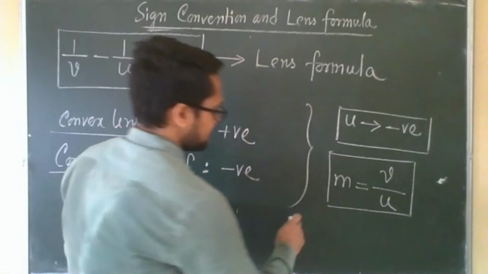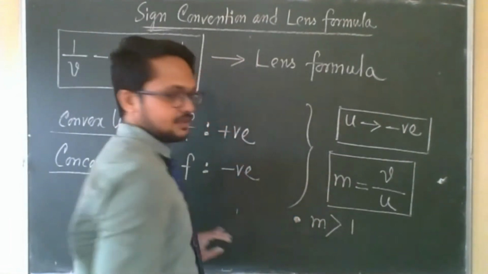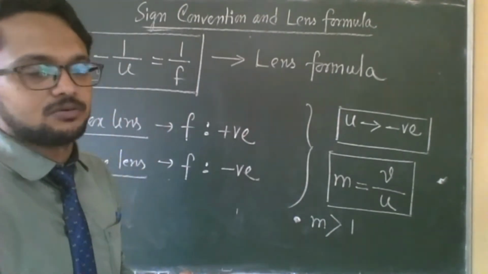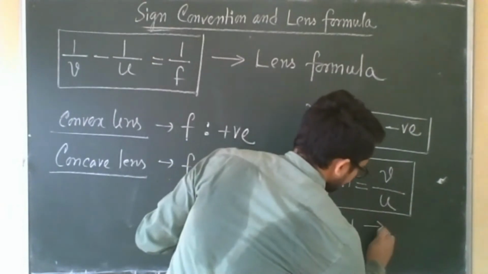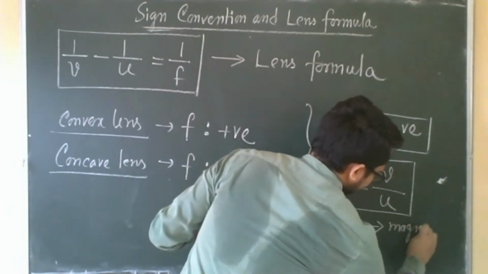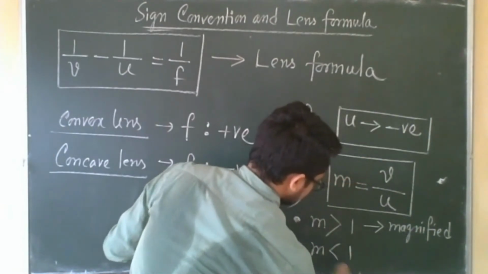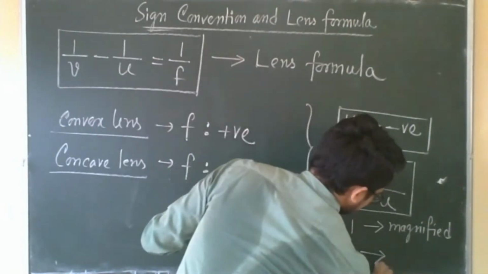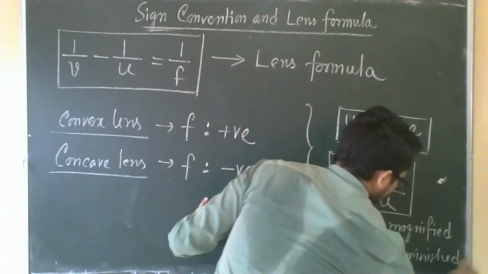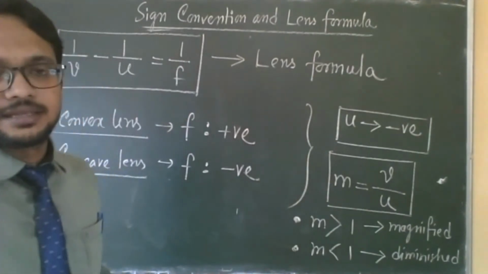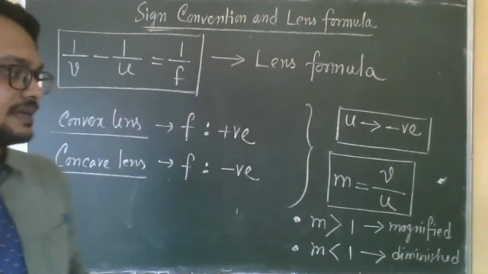Now, if the value of M is greater than 1, then magnified. If the value of M is less than 1, then diminished. And if the value of M is equal to 1, then same size.